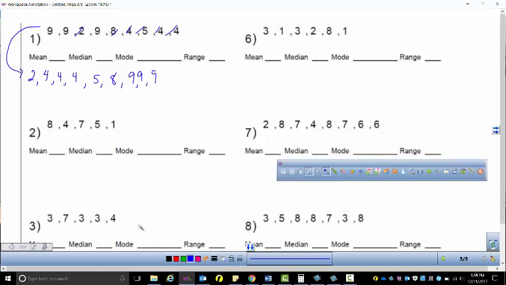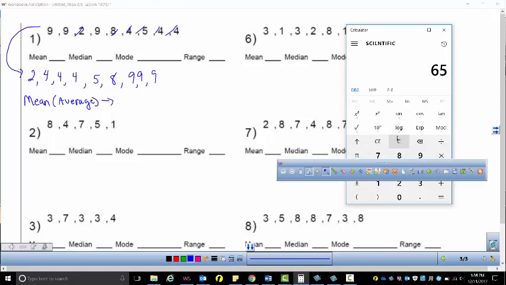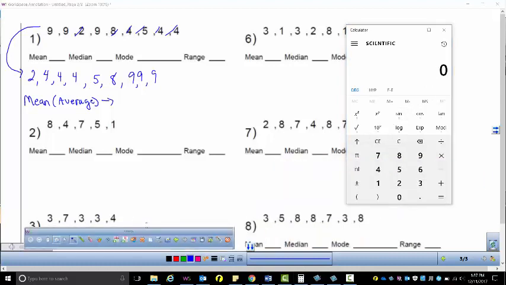All right, so the first thing we're going to talk about is the mean. The mean is also called the average. So that's another name for it, is average. And to find it, you have to add them all up. So I'm going to take my calculator and add up all the numbers that I have there.